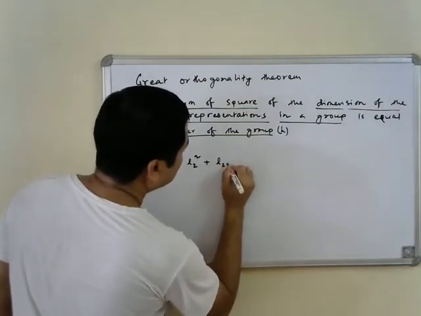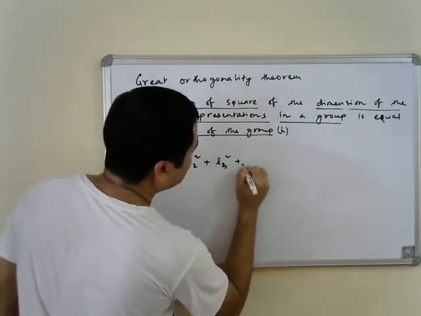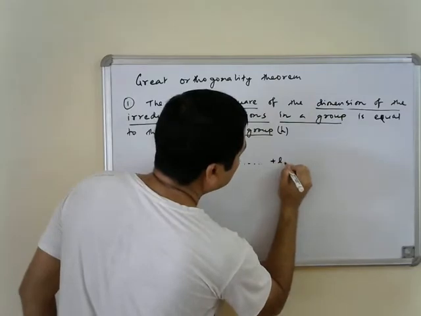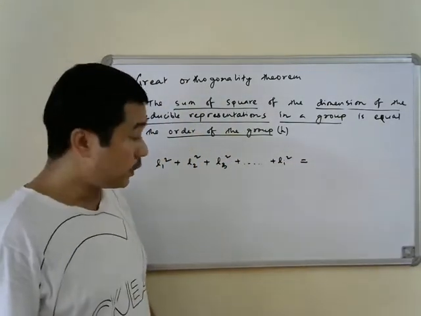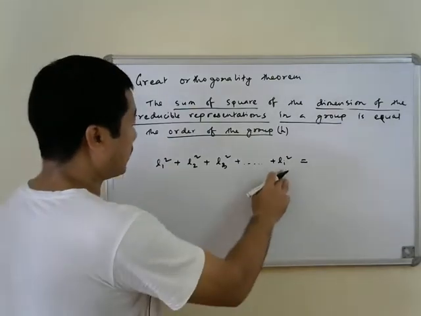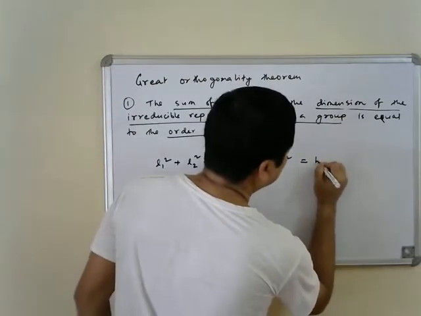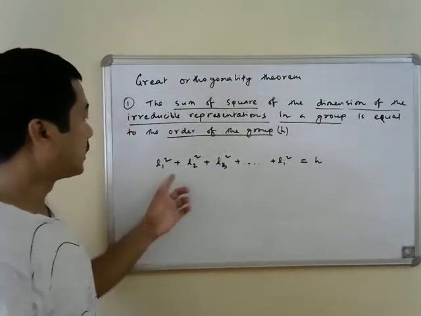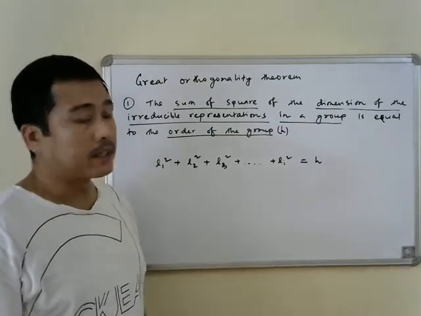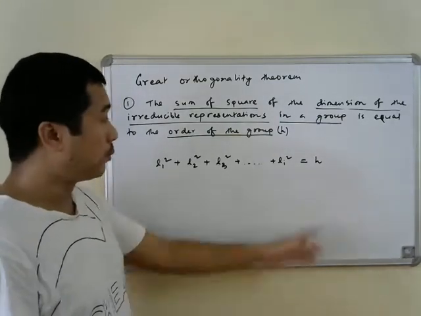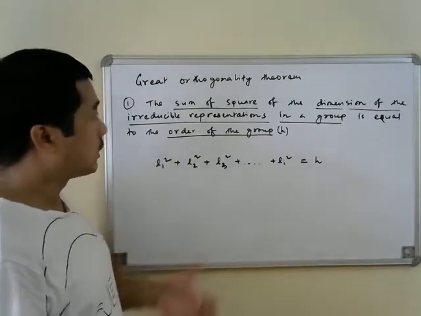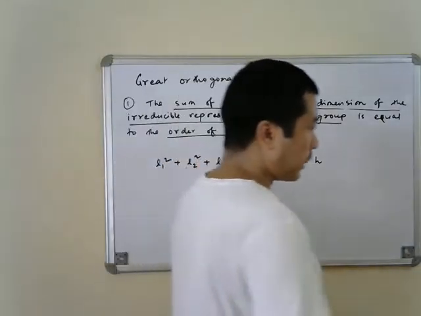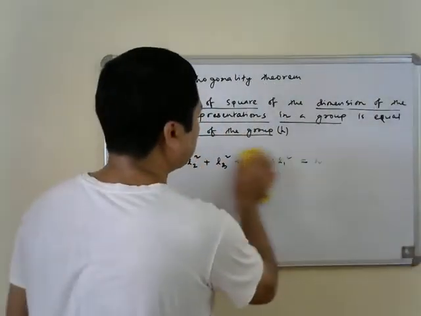We do L3 square, and go on till Li square, if we have a total of I irreducible representations in the group. If we take the square of these dimensions and sum them up, we get an answer equal to the order of the group, that is, the number of symmetry operations within that group. So this is the first rule concerning the irreducible representations.